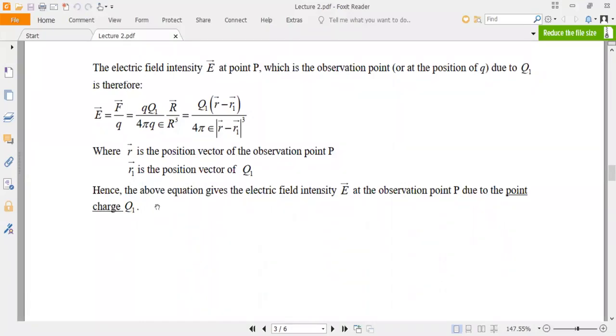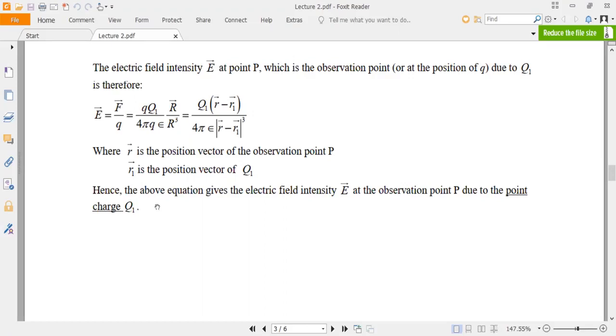So now what will happen if you try to bring any test charge from outside and put it in this room, then that test charge will feel a push or a pull.